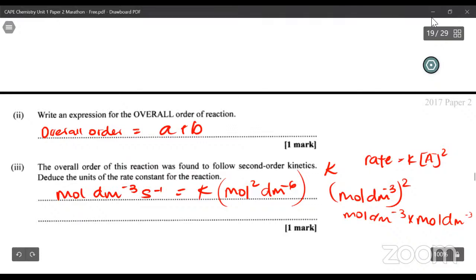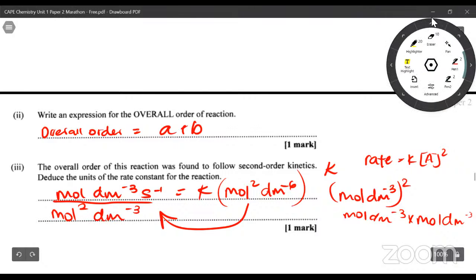Now bring this over here. You want to divide by mole squared per dm to the minus 6 on both sides. What you'd see happening now is that the mole per dm cube will cancel down here, and you'd be left with mole per dm cube on the bottom. Seeing that it's on the bottom, what you want to do is flip these when you're writing it.